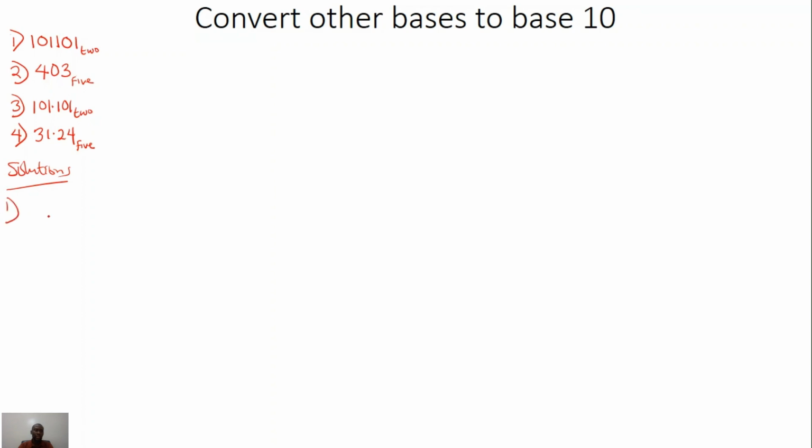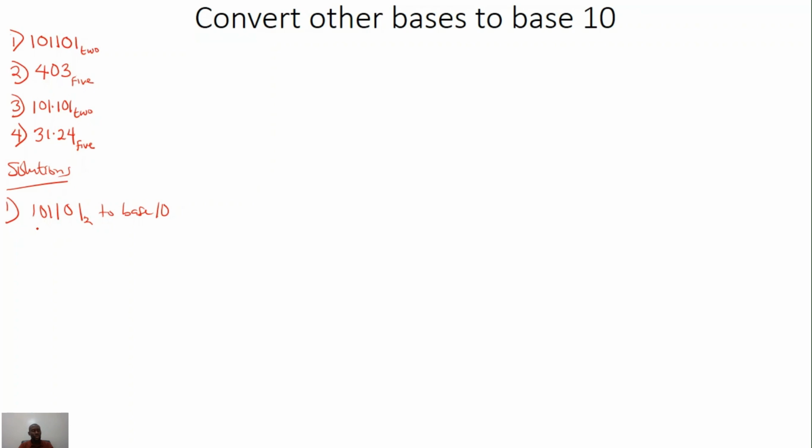Question number 1. Let's convert 101101 base 2 into base 10. If you want to convert a number from any base to base 10, what you will do is take each of the digits.